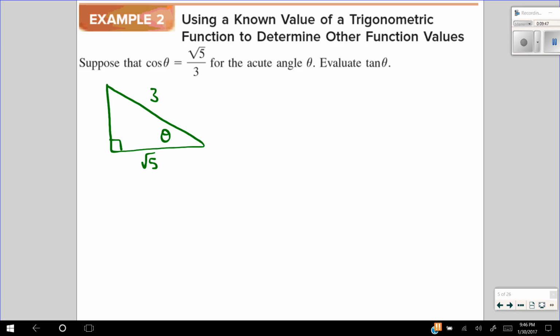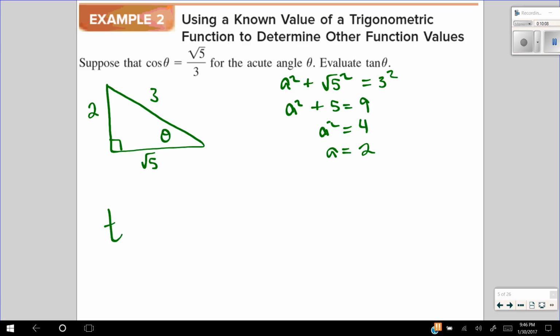So again, I'm going to use Pythagorean theorem. A squared plus square root of 5 squared equals 3 squared. So I get a squared plus 5 equals 9. A squared equals 4. Square root it, a is 2.